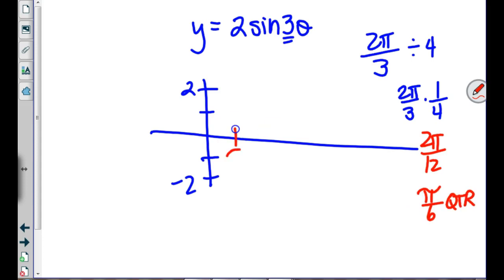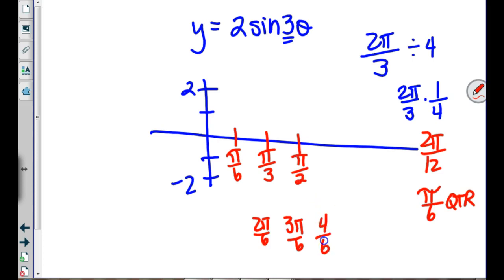So you'd have pi over 6. What's 2 pi over 6 going to be? 3/6. Yep. And 4/6. 2/3. Okay.